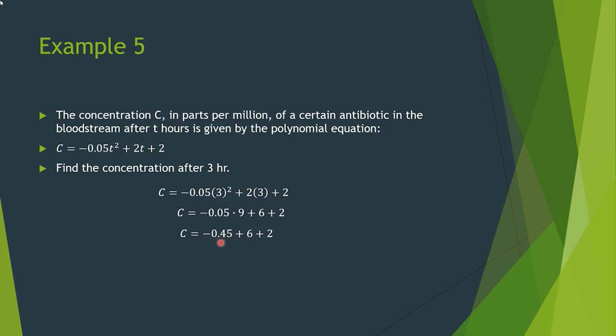That gave me negative 0.45, plus 6 plus 2, and that gave me C equals 7 and 55 hundredths. So what that means is you're going to have 7 and 55 hundredths parts per million of the antibiotic in the bloodstream after 3 hours.